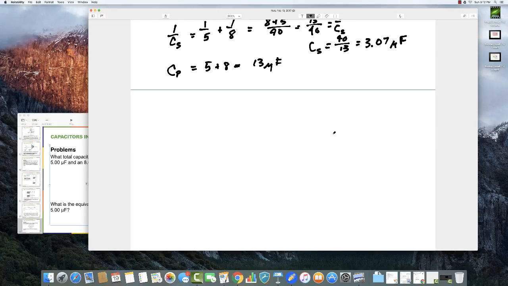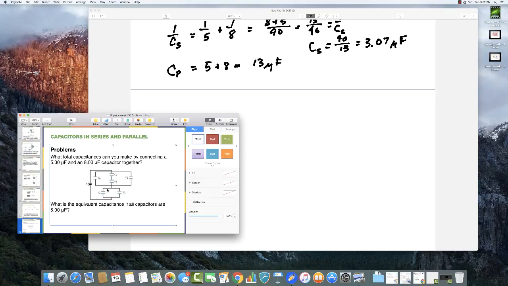Now let's move over to this more complicated one here. We have this diagram here, and I'll be switching back and forth between here and here. It says, what is the equivalent capacitance if all the capacitors are 5 microfarads?